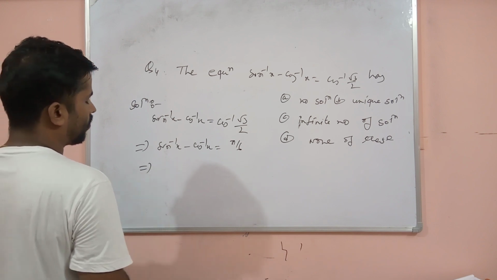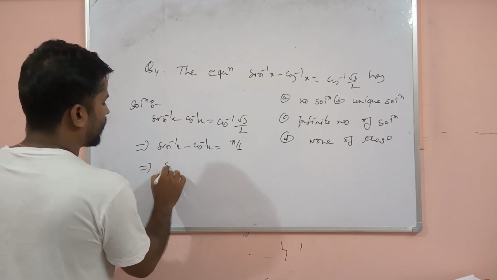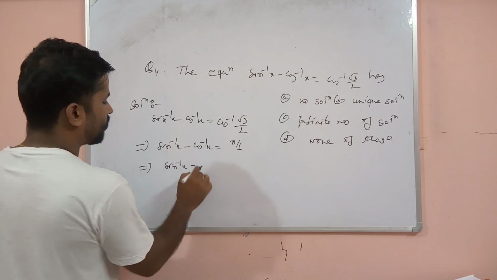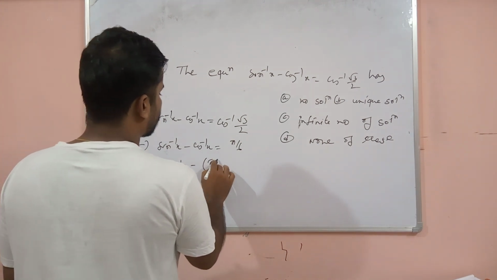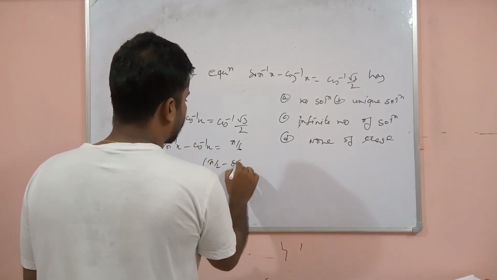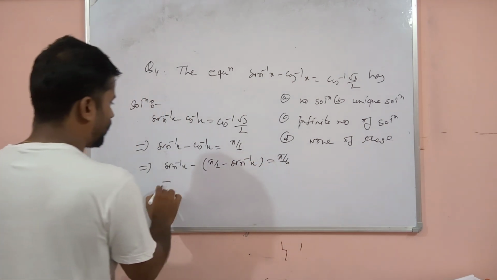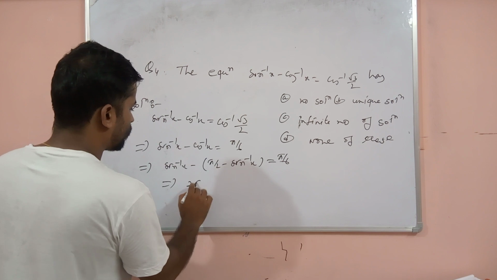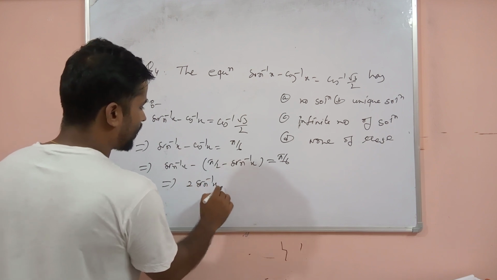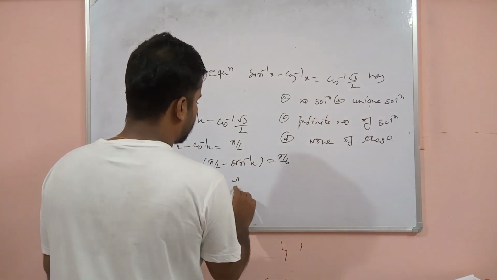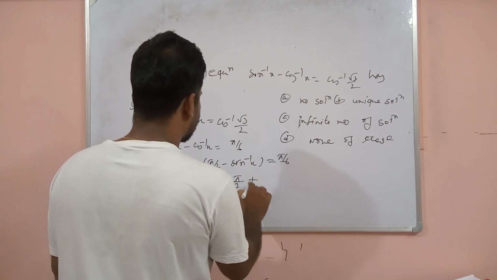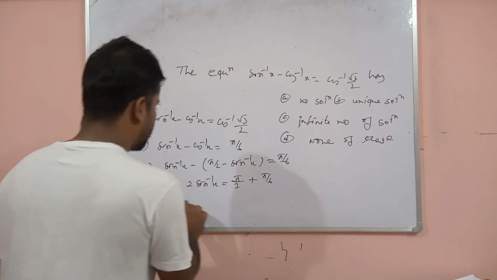So sine inverse x minus, it is pi by 2 minus sine inverse x, is equal to pi by 6. So finally 2 sine inverse x equal to pi by 2 plus pi by 6.